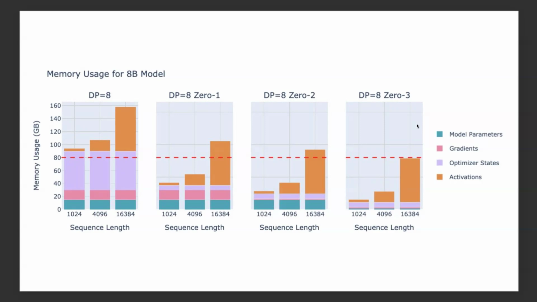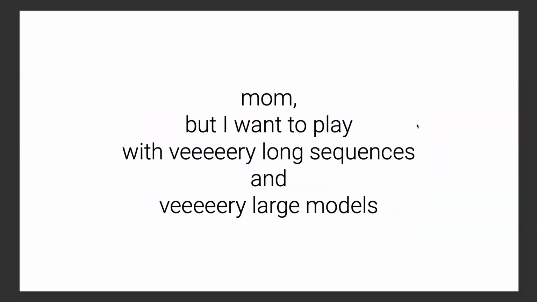But we can't do anything about activations. And also, at the same time, we still have to manage to fit a single layer of the model on a single GPU. So there's that limitation as well. But we want to play with very long sequences and with very large models.